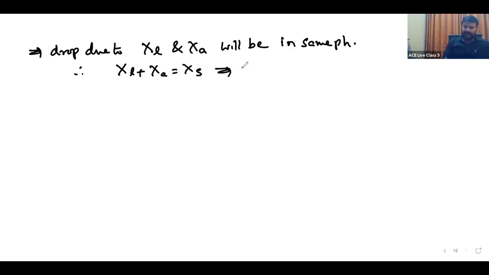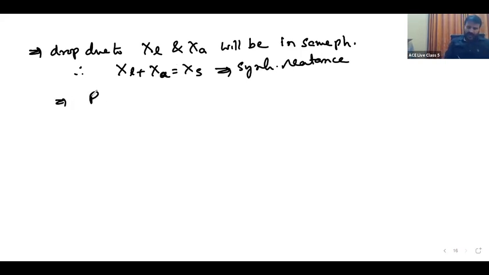This is said to be synchronous reactance. XL plus XA is called synchronous reactance, the total reactance of the synchronous machine. So synchronous reactance is the sum of leakage reactance plus armature reaction reactance.